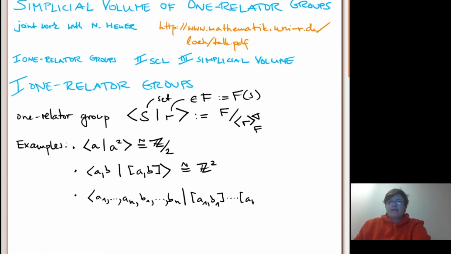So we take the commutators of A1, B1, A2, B2, and so on up to AN, BN. Then, of course, this is just the fundamental group of the surface of genus N. And there are lots more examples, for example, Baumslag-Solitar groups are an interesting class of groups.